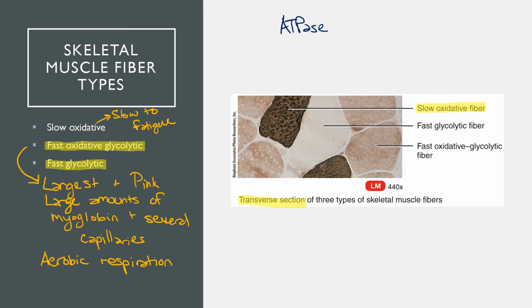Now, back to the fast oxidative glycolytic, they have an intracellular glycogen level that's very high. They can also generate ATP by anaerobic glycolysis. So they kind of do both.